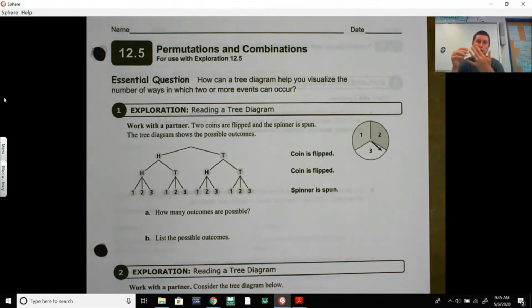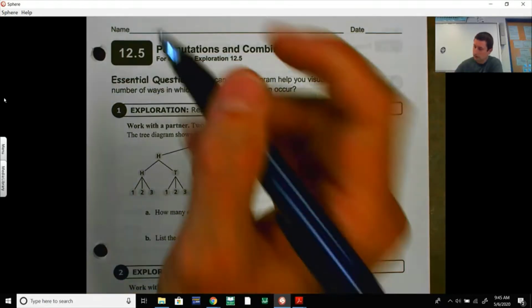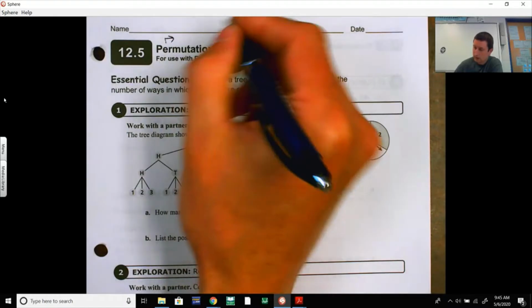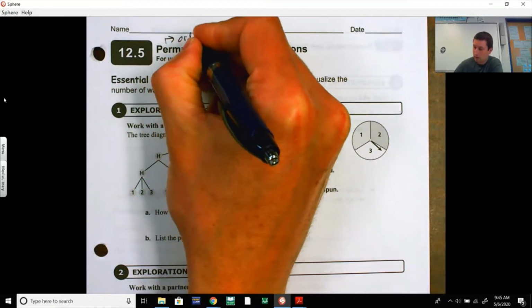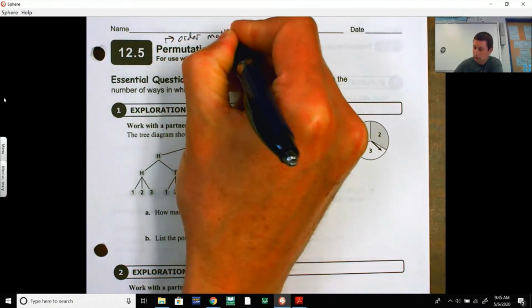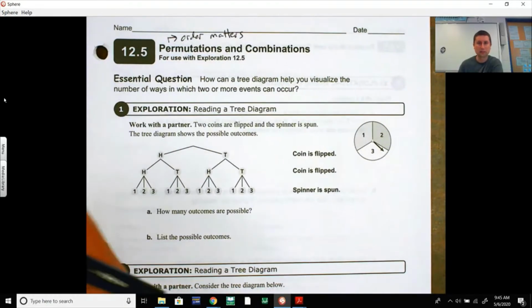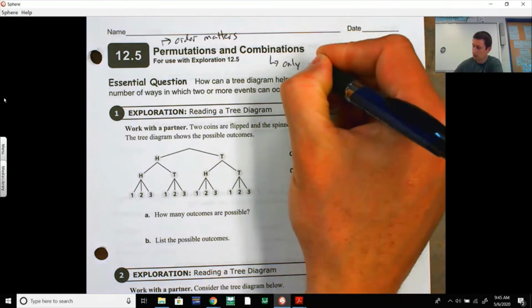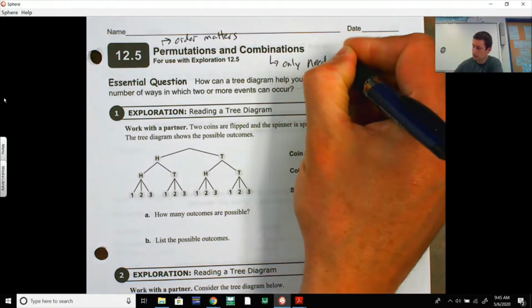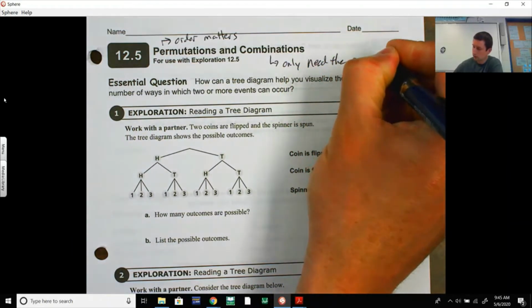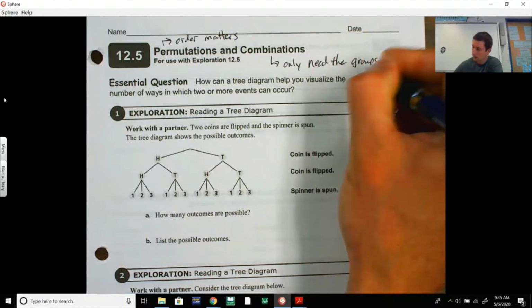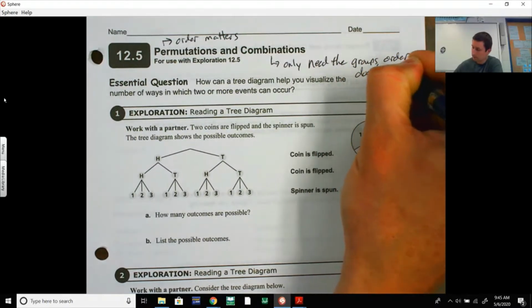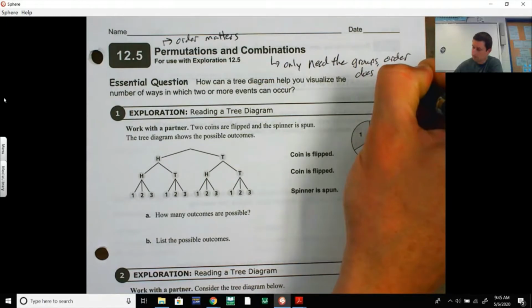So I only have 5 starters, there's my combination, but what order am I picking them from? So the thing to remember here is when we're dealing with a permutation, the order matters. The order in which you pick things matters. Combinations, you only need the groups. Order does not matter, the order in which you do things.